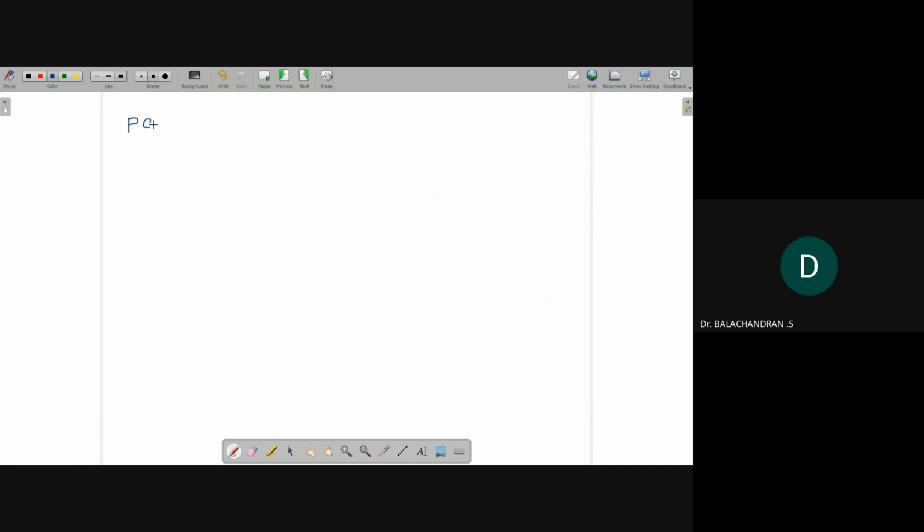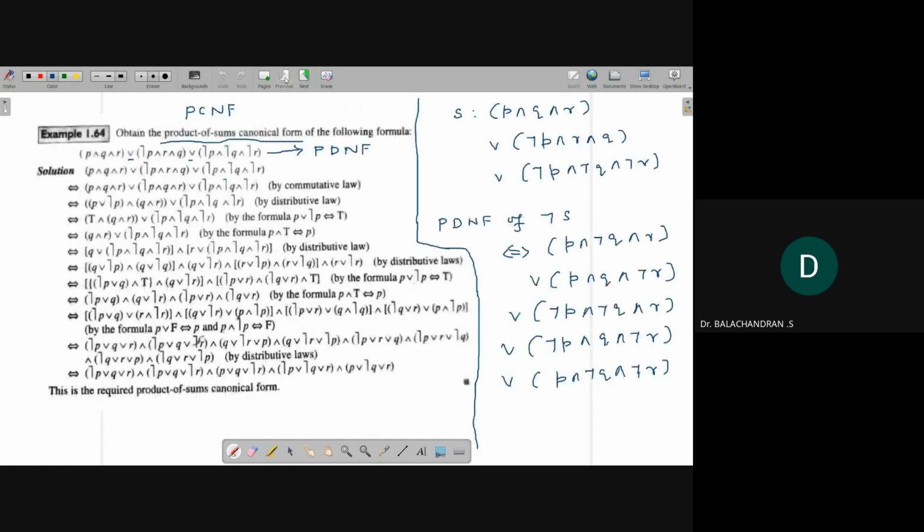PCNF of S is equivalent to the negation of the PDNF of negation S. You should write again all the five elements here. P and negation Q and negation R.